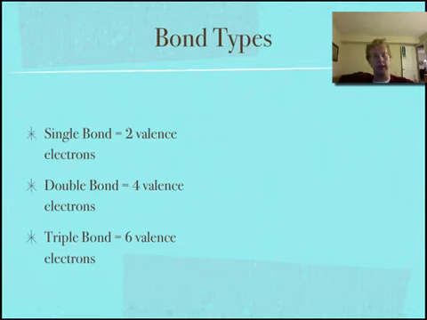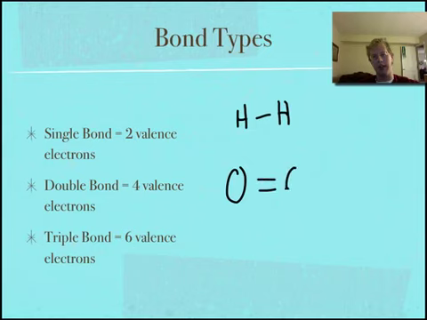In addition to the single bonds that I showed in the previous example, where we're sharing 2 valence electrons, we also have what I refer to as double bonds and triple bonds. A single bond is just like before, sharing 2 electrons, so 1 electron each. A double bond is the sharing of a total of 4 electrons, or 2 electrons each.